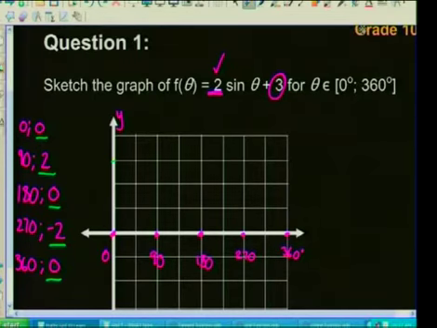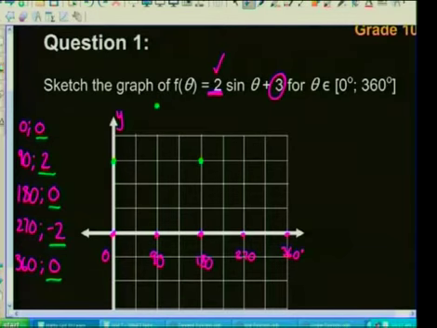So now let's begin. We know we need to add 3 to this, so now it's going to be 0 and 3, which gives me a point there. 90 and 2 plus 3 is going to give me 5. So if this is at point 3, this is going to be 4 and 5, so it would be somewhere up there. 180, and that's going to give me 3 again. 270 degrees, minus 2.